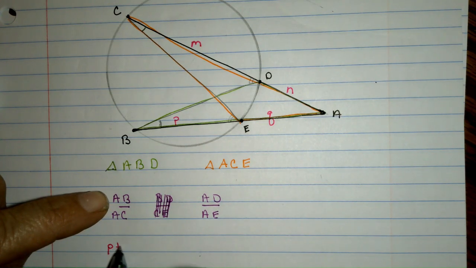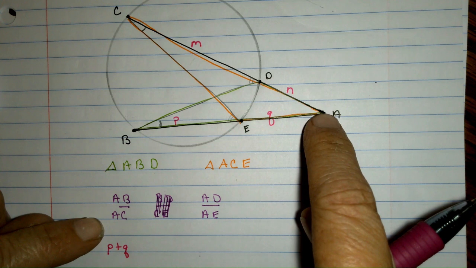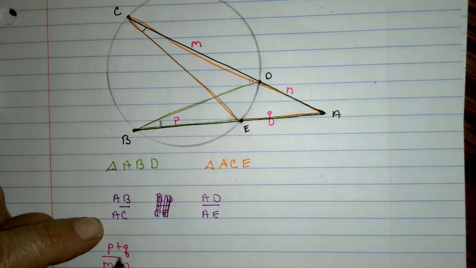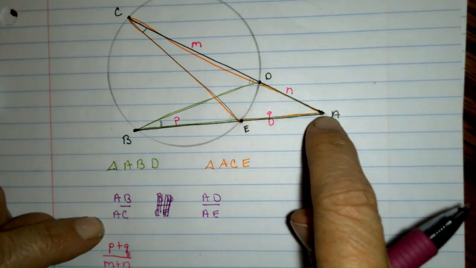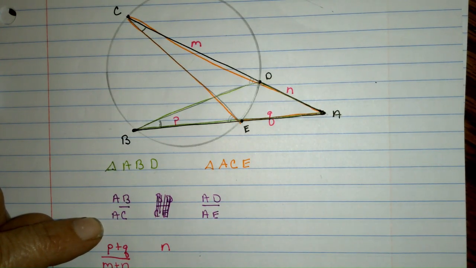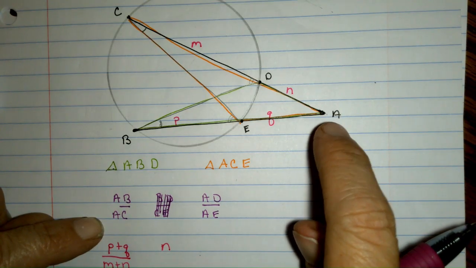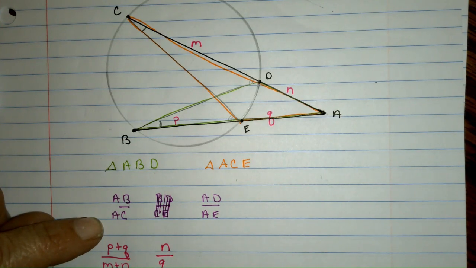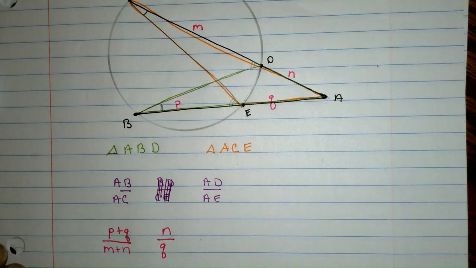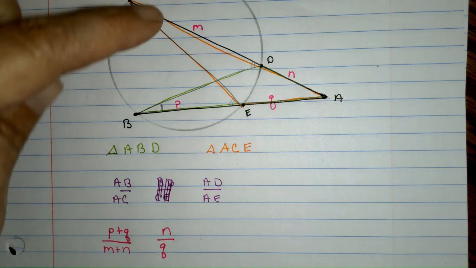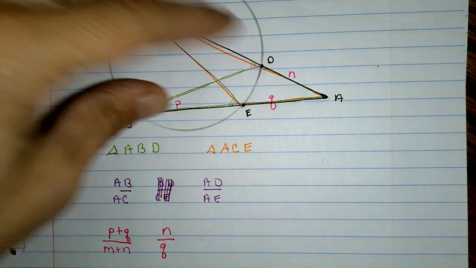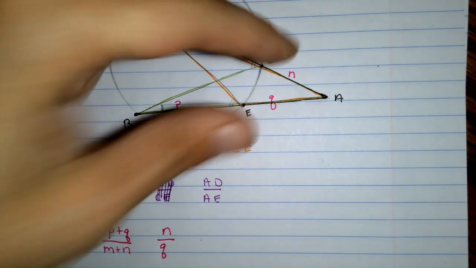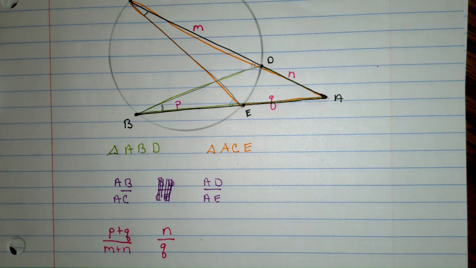So P plus Q. A to C was M plus N. A to D was N. And A to E was Q. So it was the entire sides compared together and these compared together. Another way I've seen it written, same idea, just different, right?